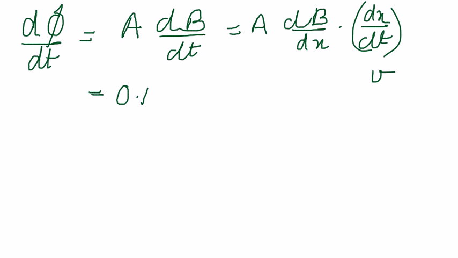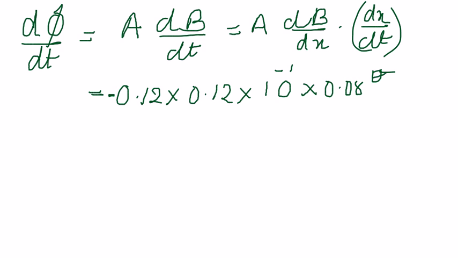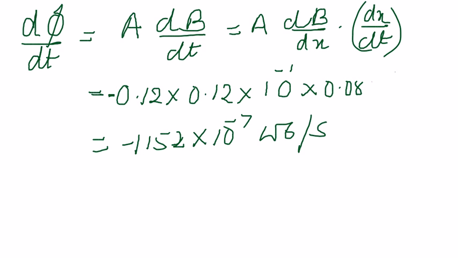So we can put the value of A as 0.12 into 0.12, into minus 10 to the power minus 1 Tesla per meter, into 0.08. So this becomes equal to minus 1152 into 10 to the power minus 7 Webers per second.